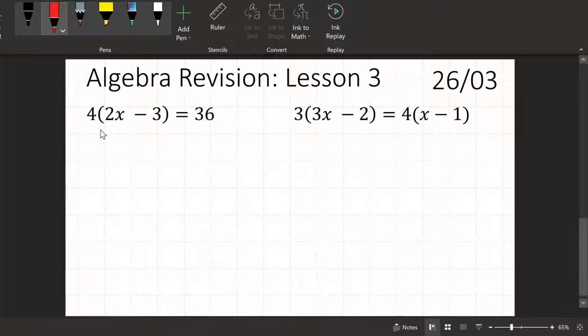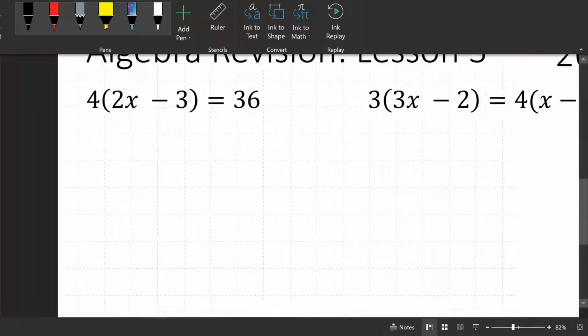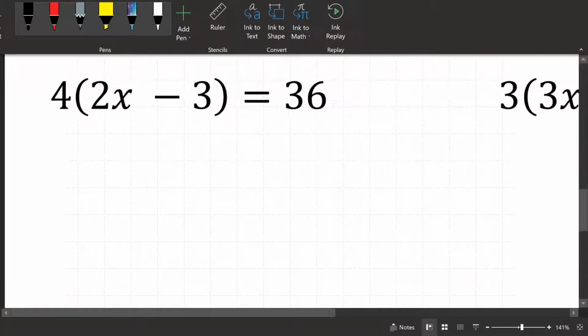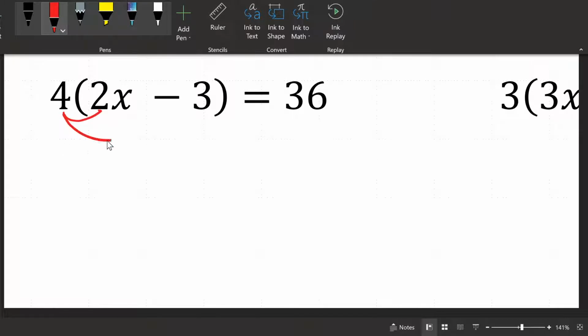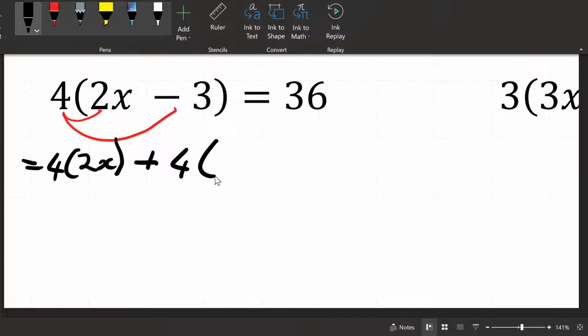We're going to start with 4 bracket 2x minus 3 equals 36. As always, we are going to expand the brackets. So 4 multiplied by 2x, plus 4 multiplied by minus 3, equals 36.